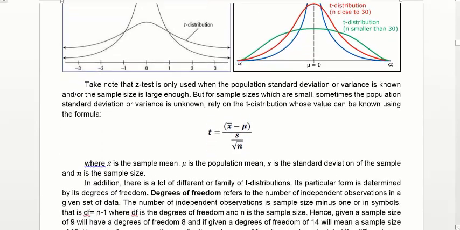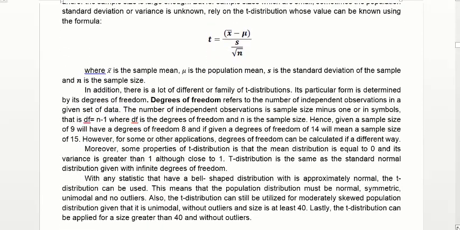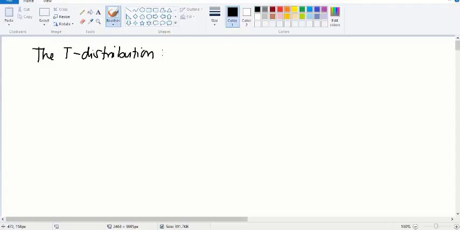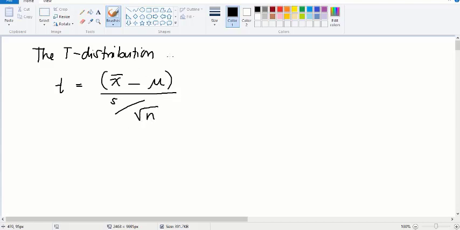Before, what we got was the z-value, now we are getting the t-value, which is this one. So t is equal to the sample mean minus the mean of the population over the standard deviation of the sample divided by the square root of the sample size.